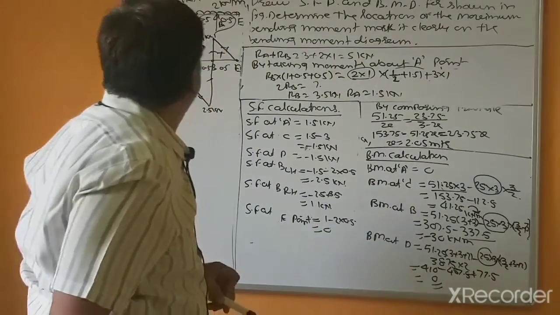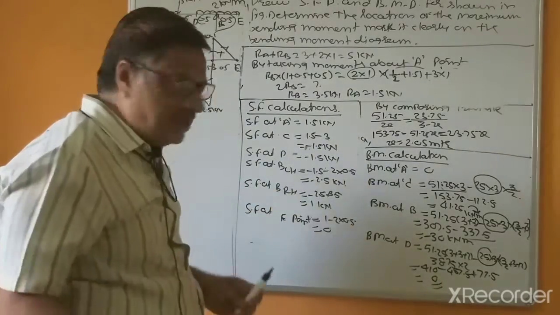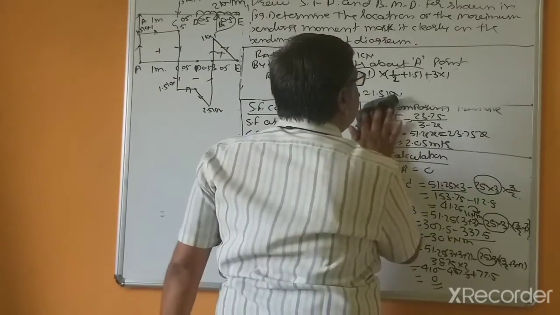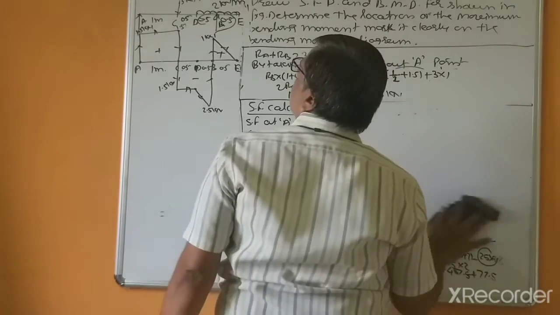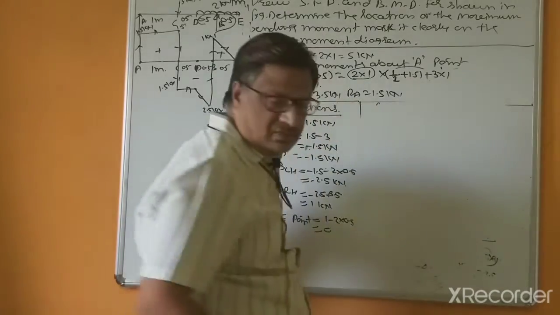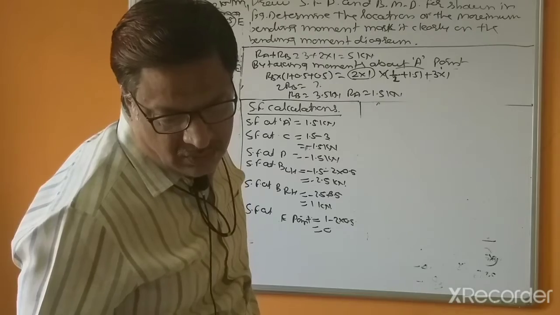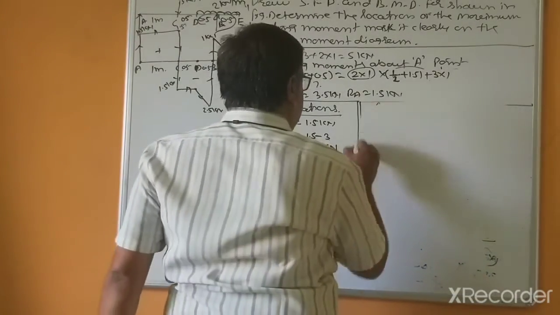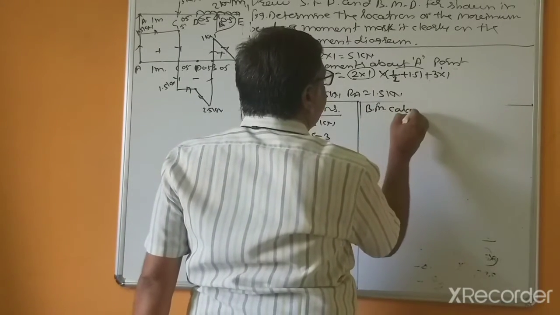Try to understand this. So at C point you will get maximum bending moment. No necessary to find out, because this C point is now the midpoint. Right? So that's why bending moment calculations.